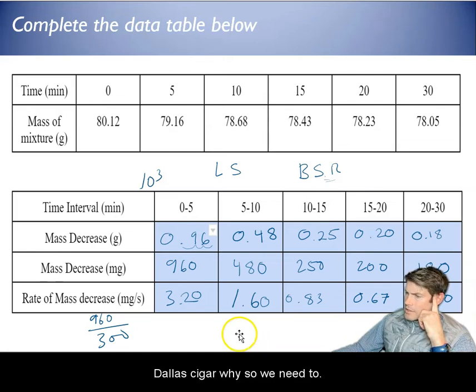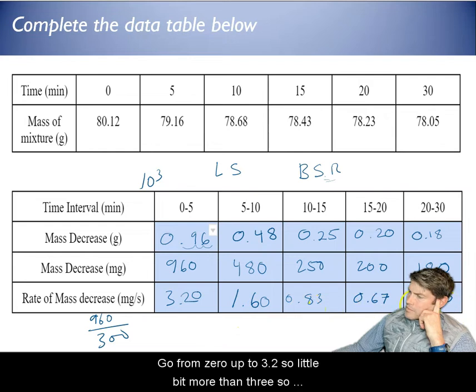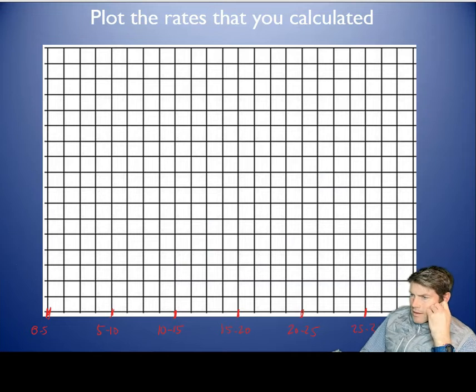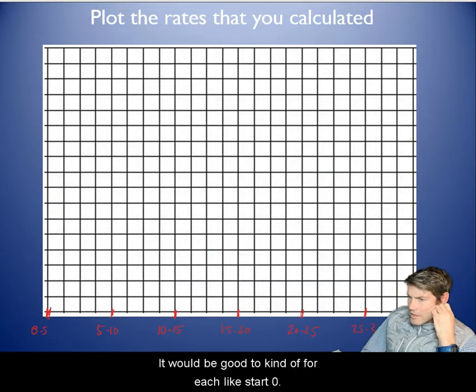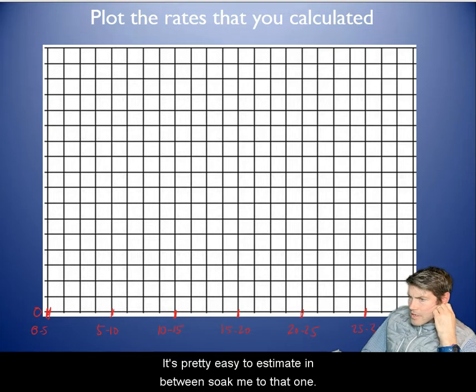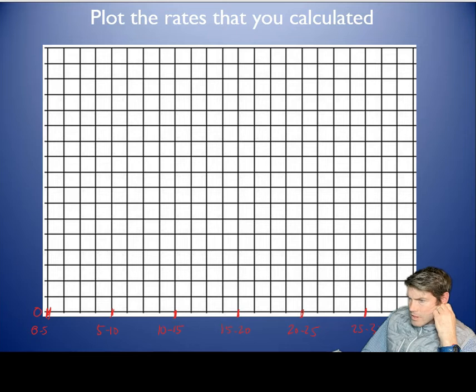Now let's look at our y. We need to go from 0 up to 3.2, so a little bit more than 3. It would be good to start at 0. If this is 1, that's pretty easy to estimate in between. So 1, 2.